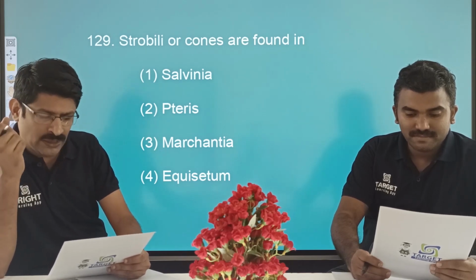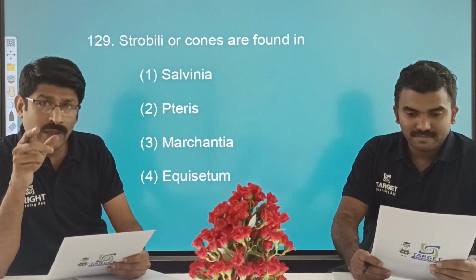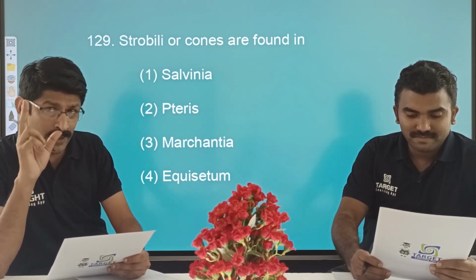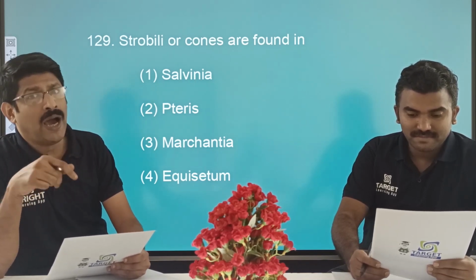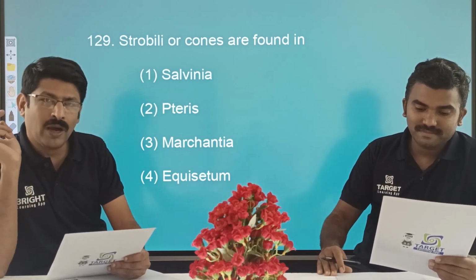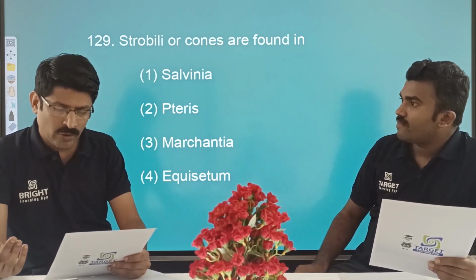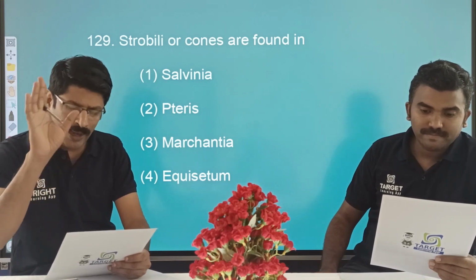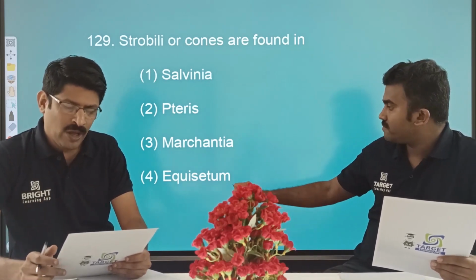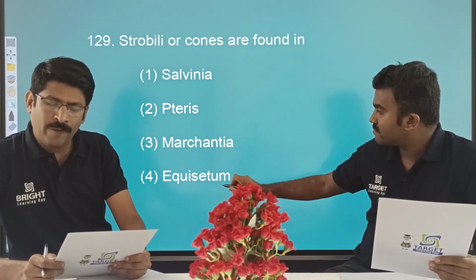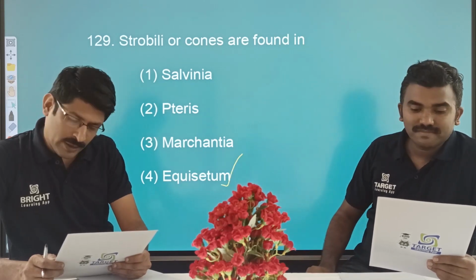Marchantia is a bryophyte and it does not produce strobilus. Only two strobilus-producing examples are given in the NCERT: Selaginella and Equisetum. Lycopodium is also there, but the NCERT explains only two examples. So the answer is Equisetum.